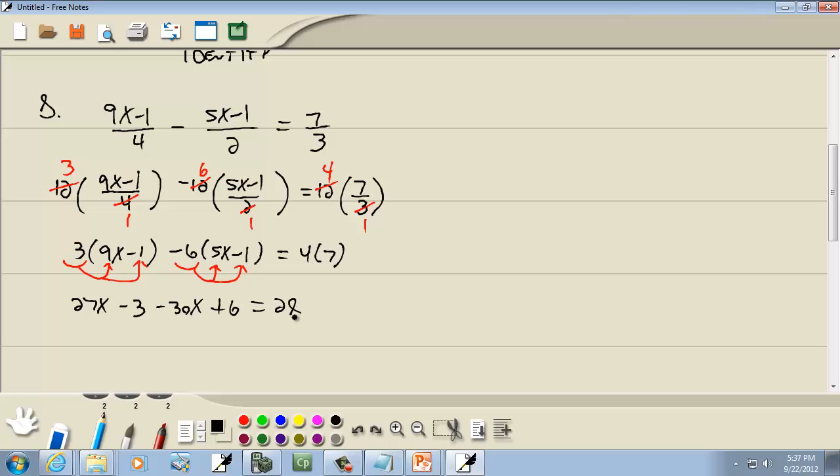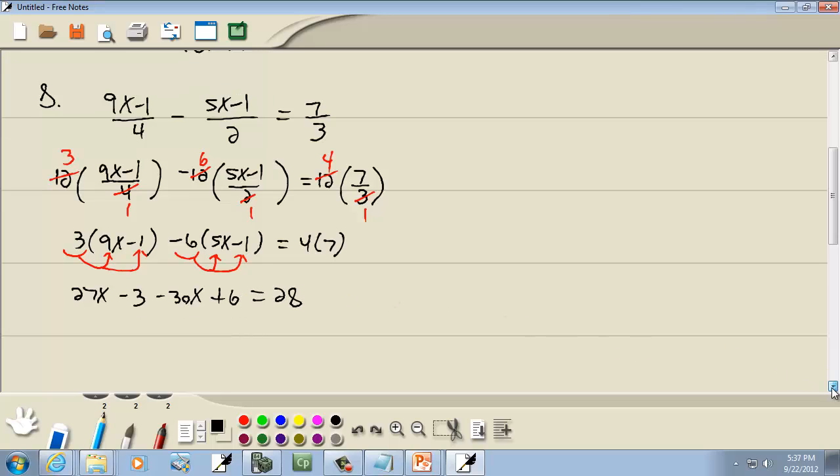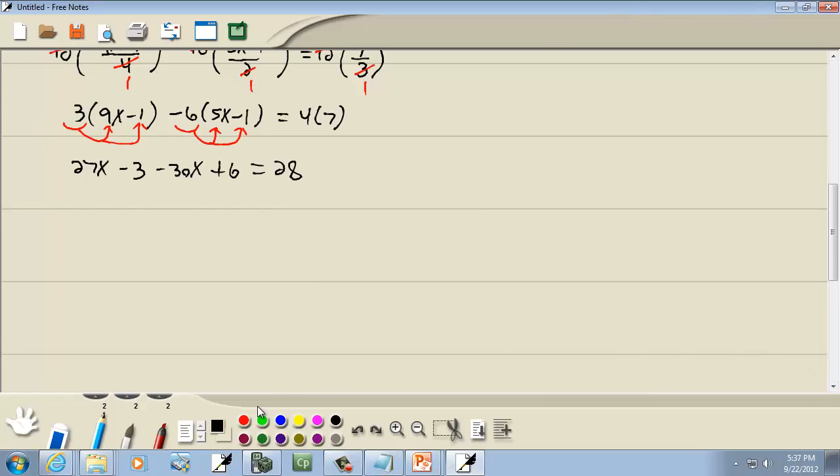And 4 times 7 is 28. Well, combine together like terms at any step. We've got 27x minus 30x. That gives us negative 3x. Combine together numbers. We've got negative 3 plus 6. That gives us a positive 3 equals 28.